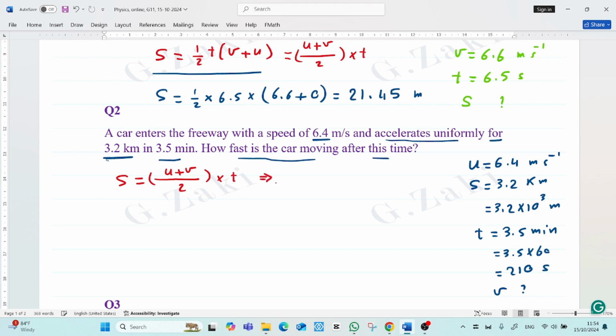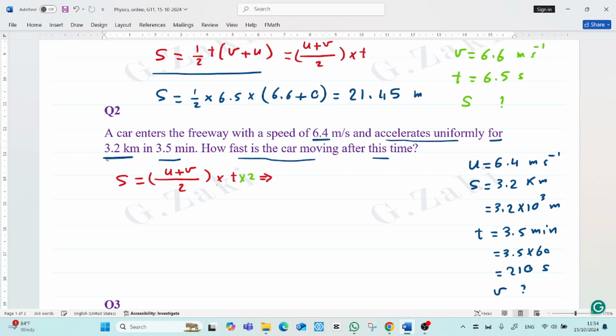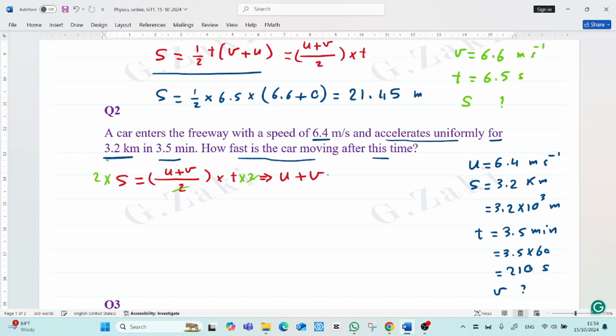Then we can multiply by 2 both sides to cancel 2 from the denominator. Multiply by 2. Then cancel this 2 with 2. Then from this formula, we can say U plus V equals 2S over T. Remember, we cancel the 2 with 2 beside T.